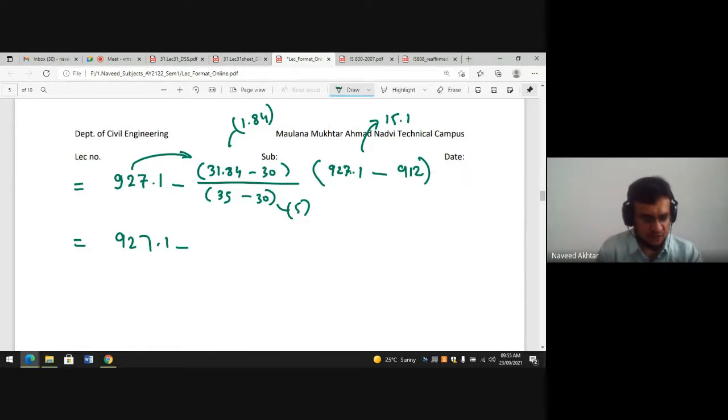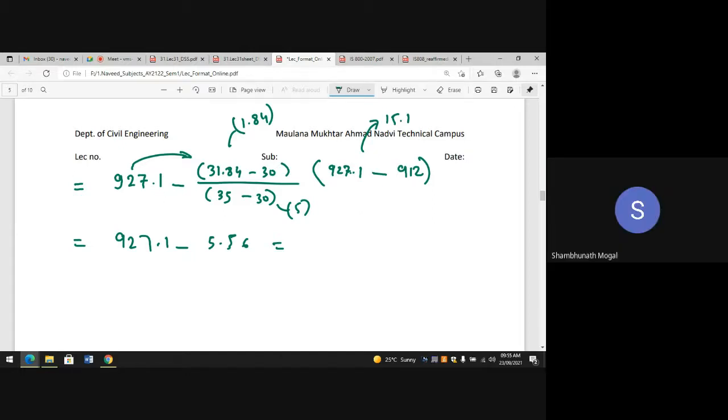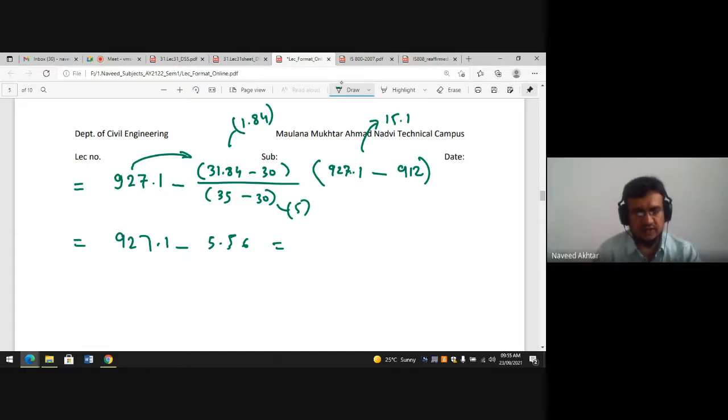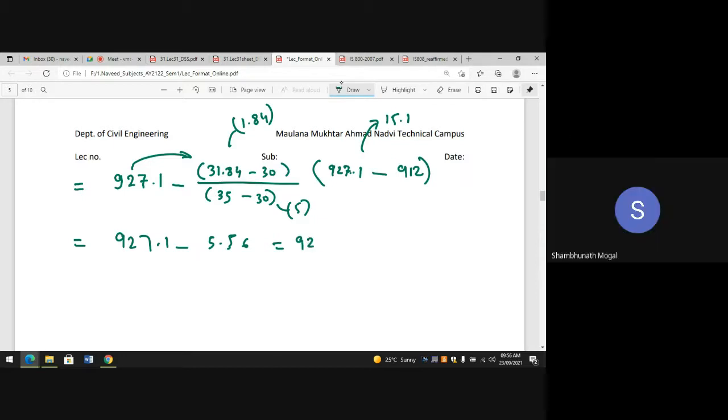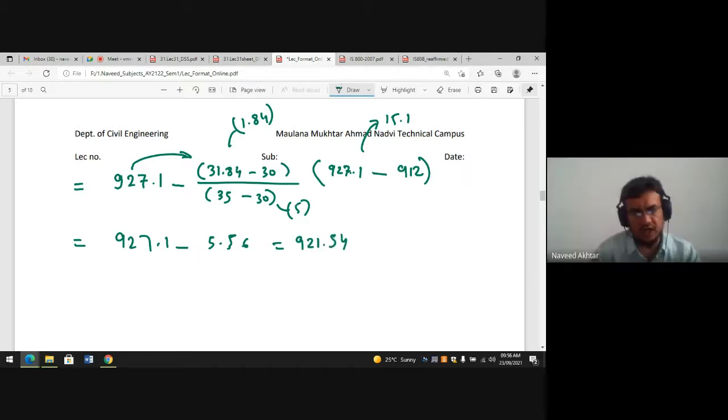So if we solve this, 1.84 into 15.1 divided by 5, is coming 5.56. 927.1 minus answer is 921.54. Now it is correct.